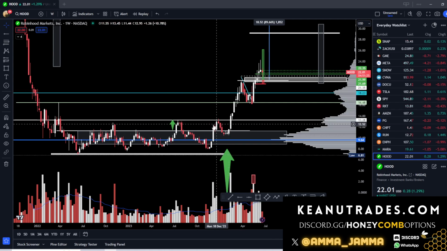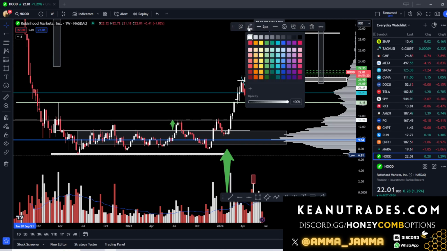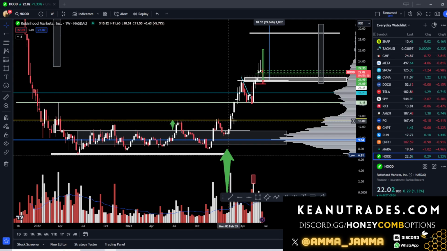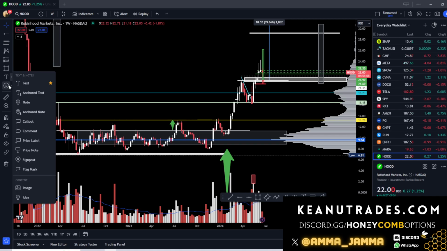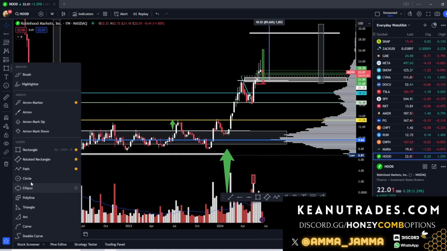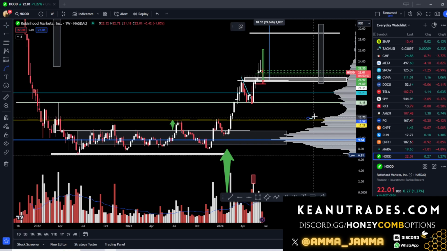As soon as we broke this line right here, I'm going to change the color so you know which line I'm talking about, this yellow line. Once we broke this area, do you see how in this area here, it curves back and then pops back out?